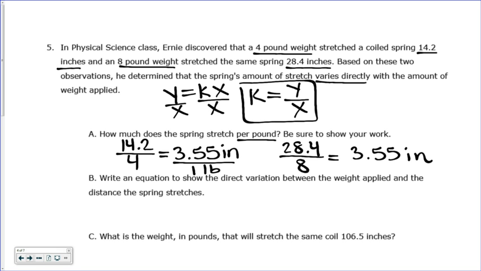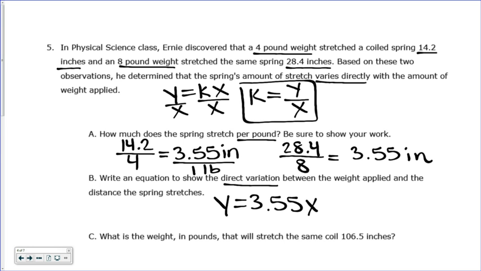Okay, so if you look back at your equation, it says write an equation to show the direct variation. That's what we looked for, the y over x, between the weight applied and the distance the spring stretches. So we found that my k value is 3.55 inches. So if I'm plugging that into my equation, I get y equals 3.55x.